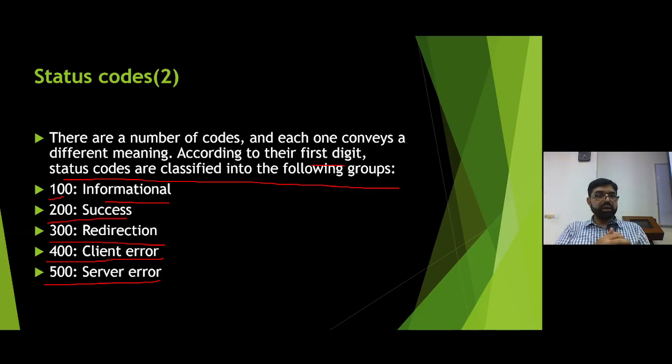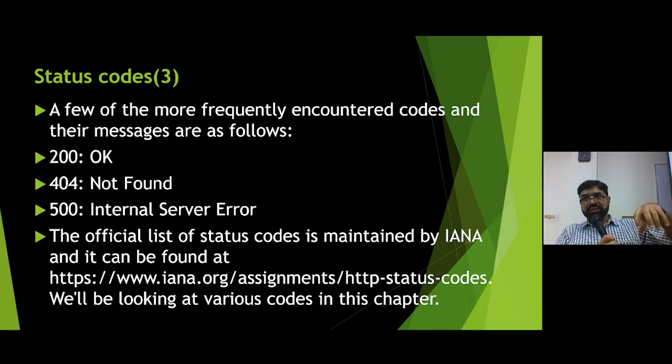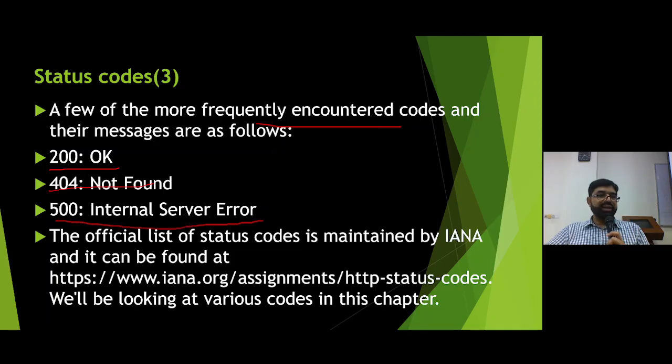Anyone remember any code starting with 5? 502 or 501 maybe, right? So these are different codes for HTTP. A few of the more frequently encountered codes are 200 OK, 404 Not Found, and 500 Internal Server Error. The official list of status codes is maintained by IANA.